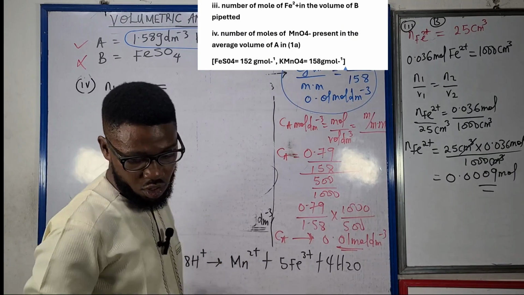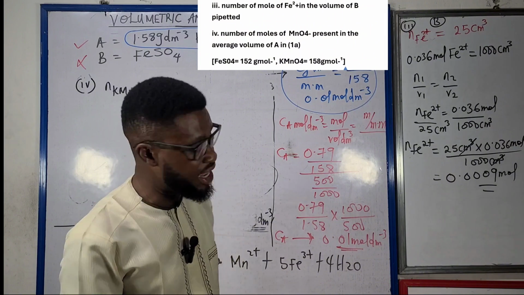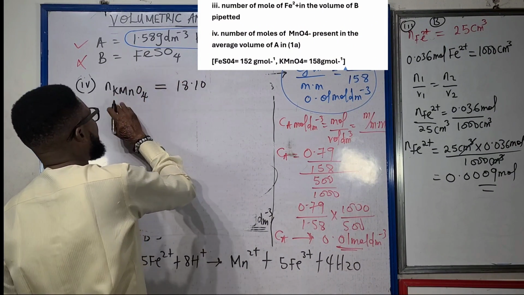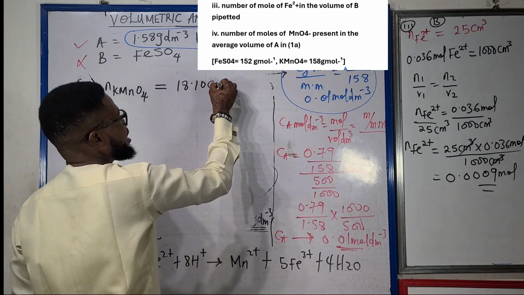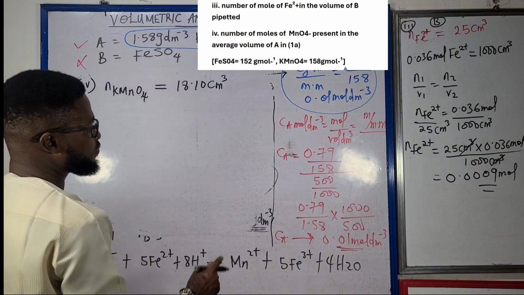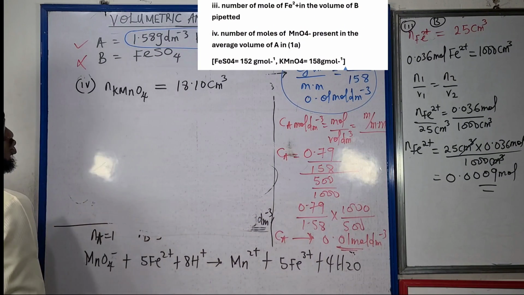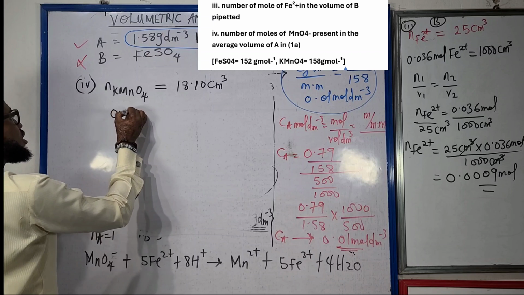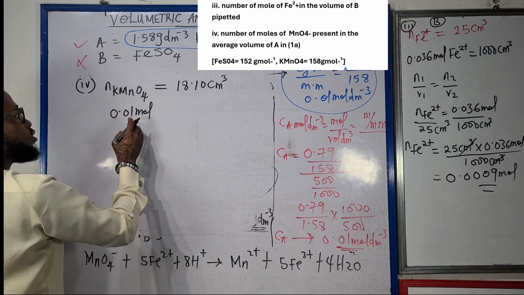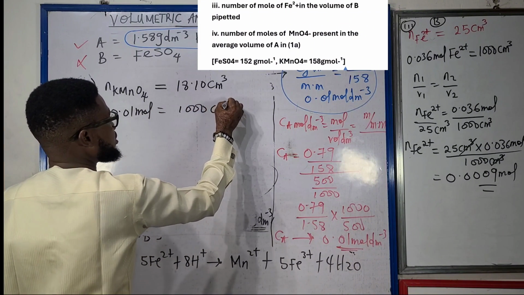The average volume as used here is actually 18.10. So we're looking at what is the number of moles of KMnO4 in 18.10 cm cube. We know that the concentration of KMnO4 is 0.01 mole per dm cube. So you have 0.01 mole of KMnO4 in 1000 cm cube.